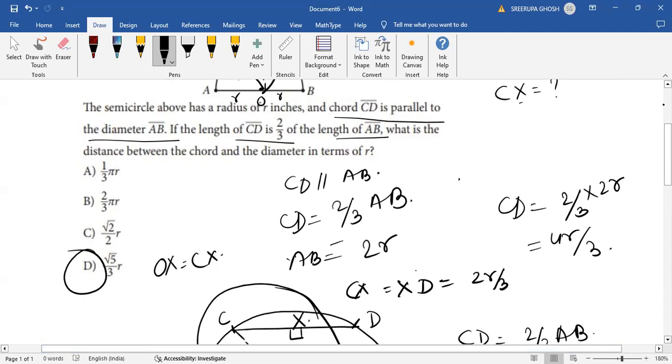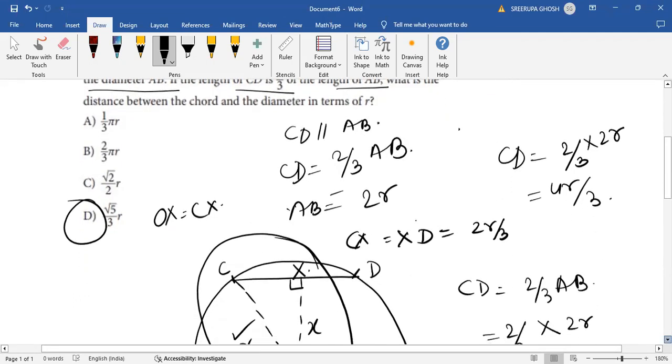Make sense? So what is the takeaway after doing this particular sum? What is the concept that we are basically using in order to solve this complex geometry problem? What did we do? This was Pythagoras, a complex one.